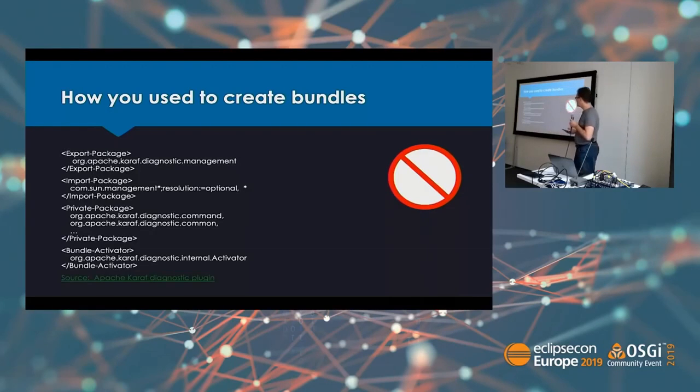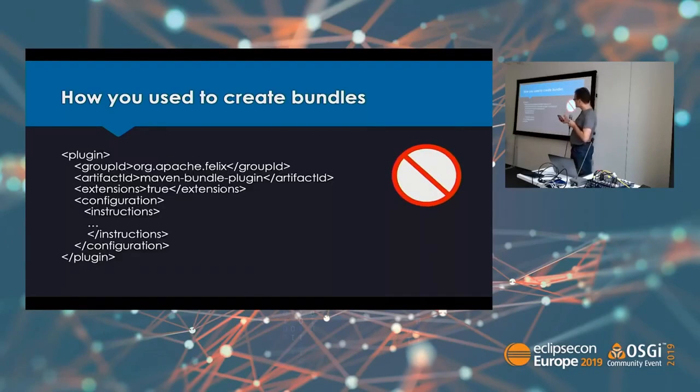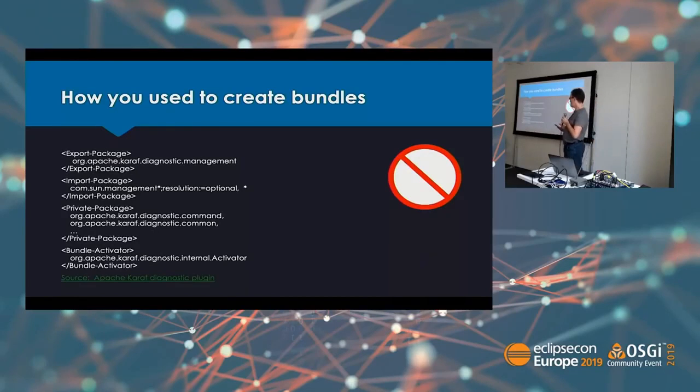The other thing is inside this instructions section, you configure the whole stuff, or can configure it. And this is an example from the Apache Karaf diagnostic plugin module. It's a bit older, and it is kind of the worst case that I found, just to demonstrate what people sometimes do.